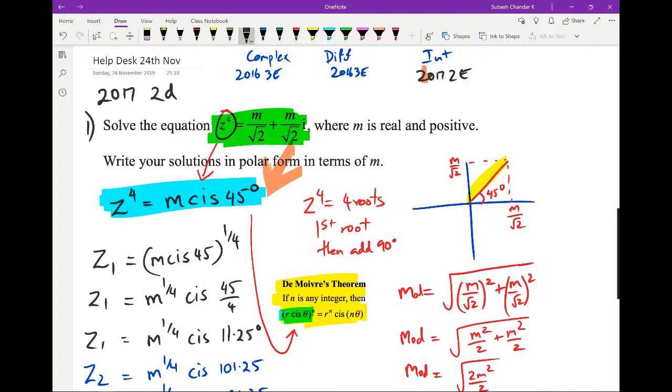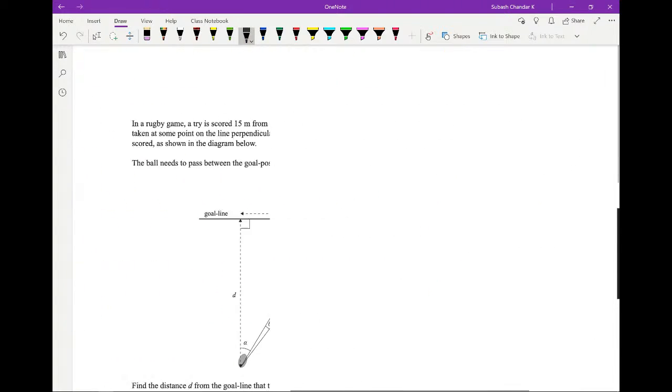I need a different paper. Hang on, I can't keep track of it. So what do we have? Complex differentiation integration. 2016 3, 2017 2e, and we have 2016 3e as well. Okay, so let's do this question first, guys, and then we'll go into, yeah, sorry, I've only got a few questions up there, but this is the next question we're looking at.